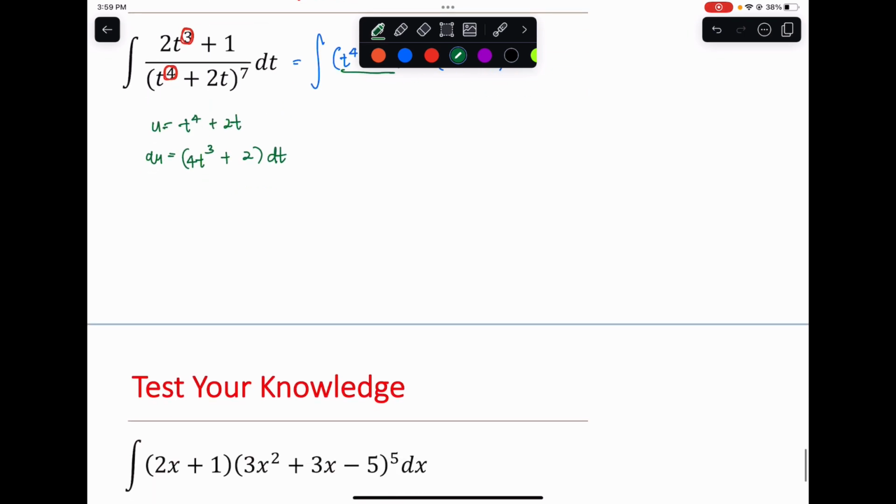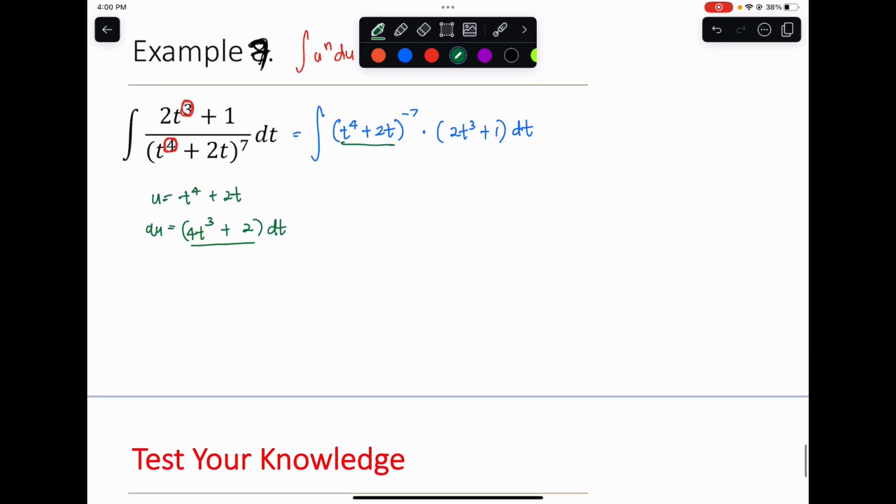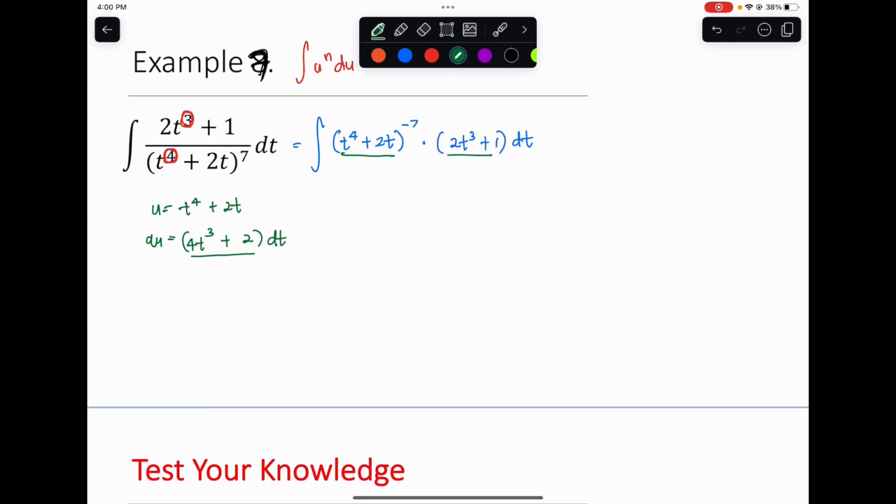But looking at this one, it's different. 4t cubed plus 2 is different from 2t cubed plus 1. But 2 is factorable, so we can factor out 2. So this is the same as 2 times 2t cubed plus 1, dt. So this time it's the same. So we just simply divide it by 2, leaving 2t cubed plus 1 dt.